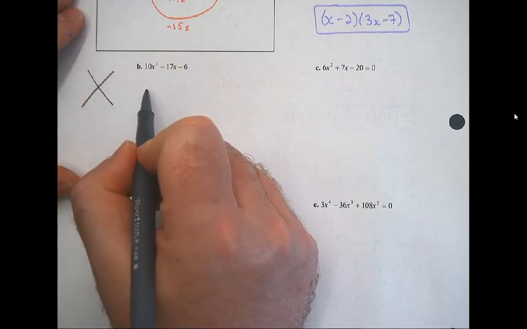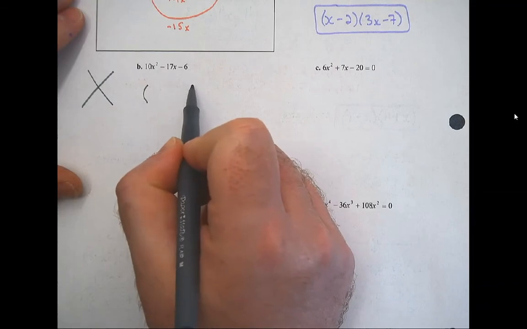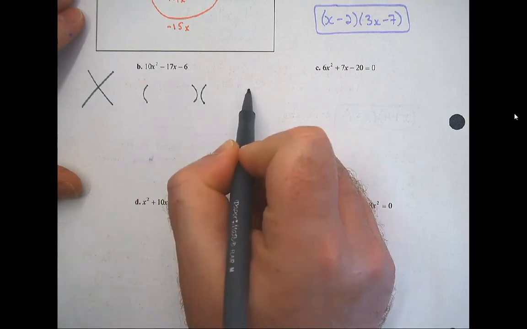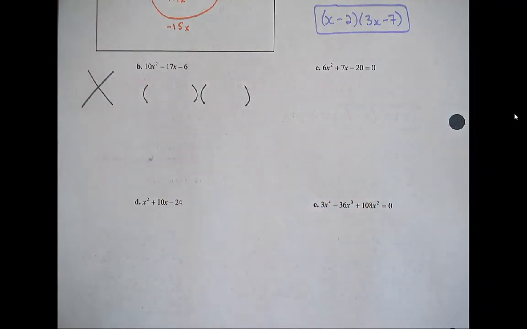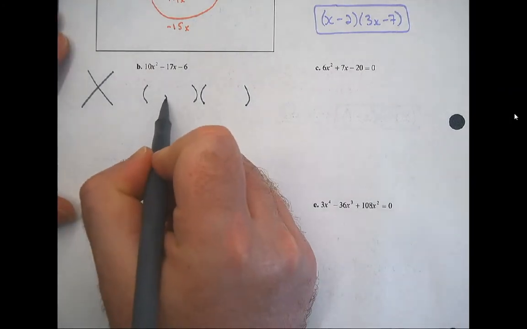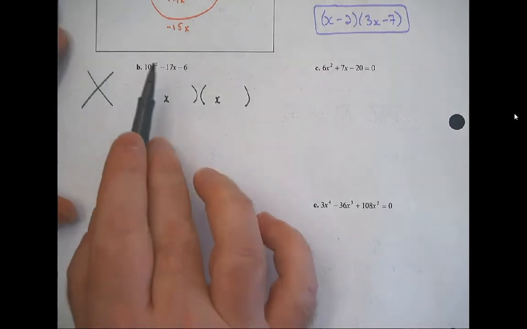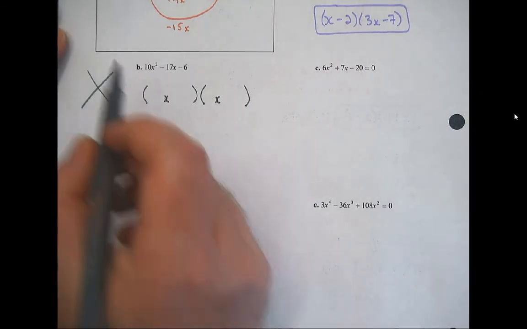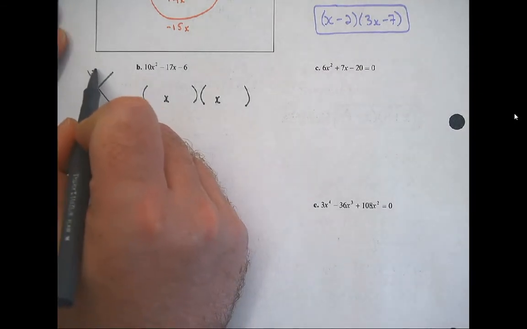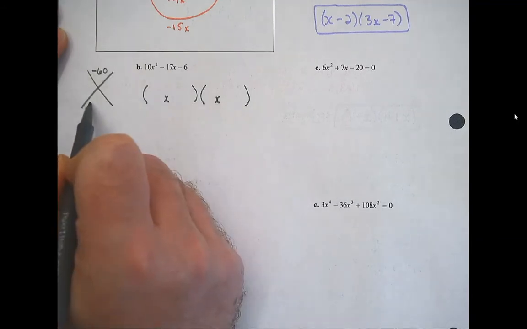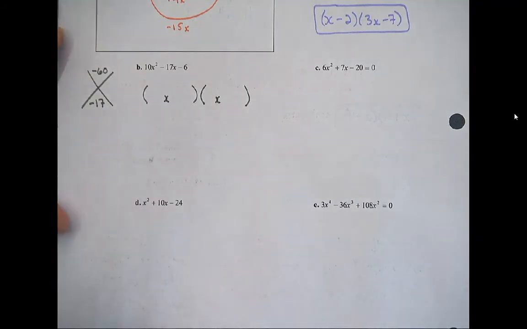So X factoring has these characteristics. And I know there's going to be an X in front of that term and an X in front of that term. Then I also have to multiply 10 times negative 6, which is negative 60. And then the middle term goes on the bottom, negative 17. Now I like to highlight stuff.